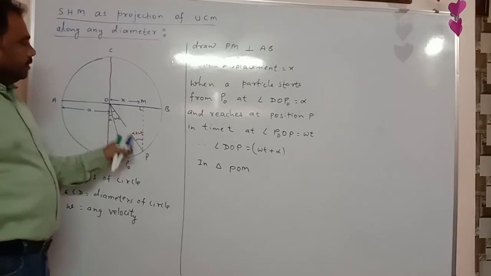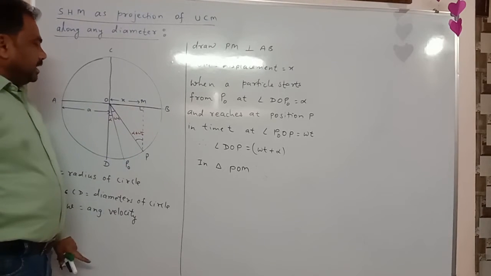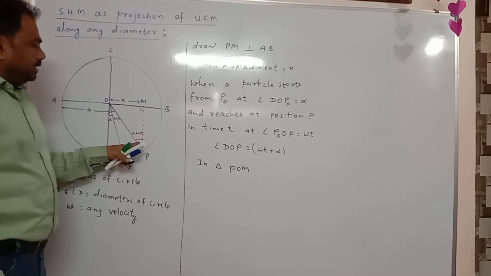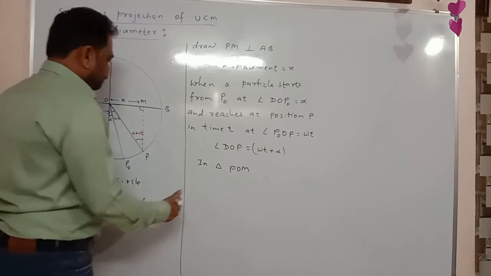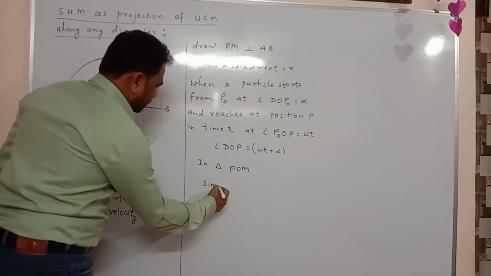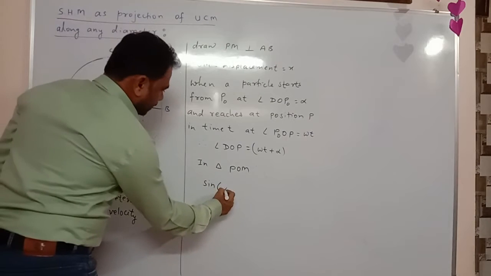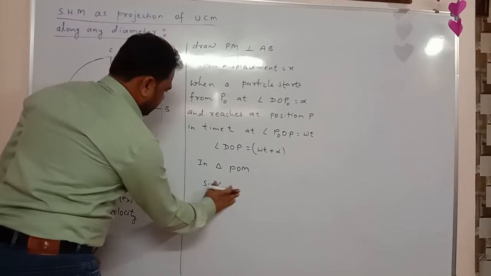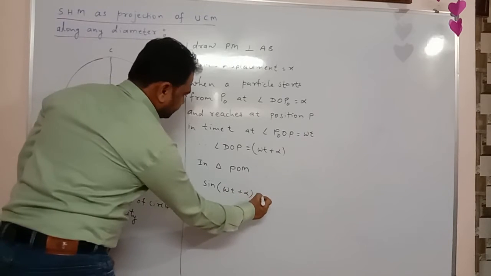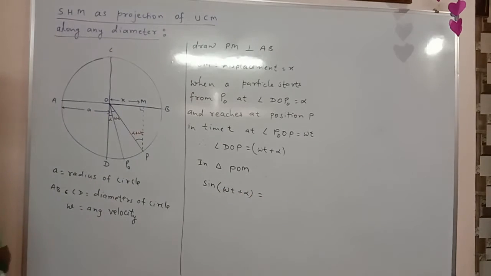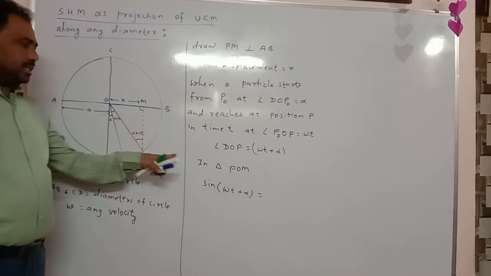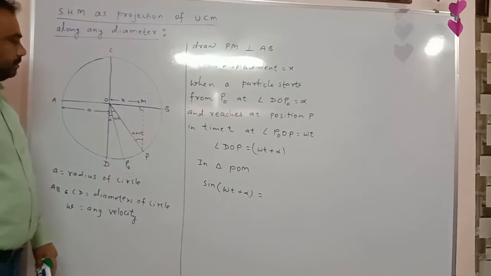In triangle POM, for the angle at P, we consider sine theta, where theta is alpha plus omega t, or omega t plus alpha.